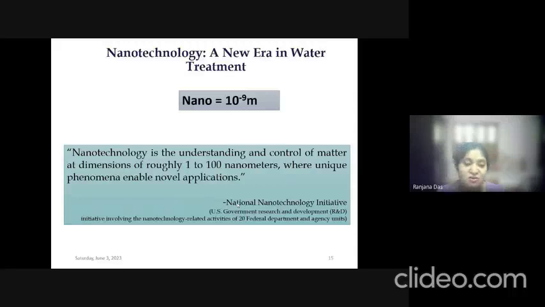This size reduction helps develop unique properties or characteristics in these types of materials, and we want to use these unique features of nanomaterials to solve the problems of water. How can this be done?